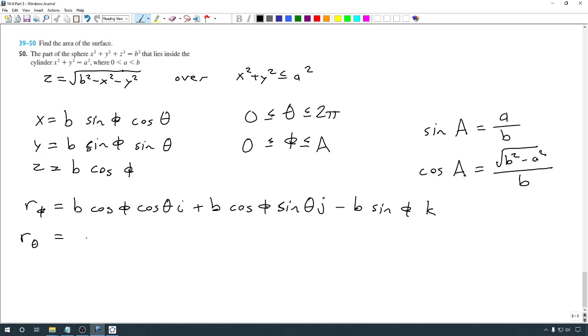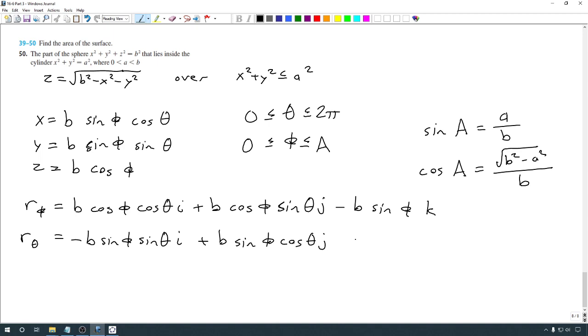Differentiating with respect to theta instead, the first one becomes a negative b sine phi sine theta times i. Then we have b sine phi cosine theta times j. And the z component goes away. We don't have a k part.